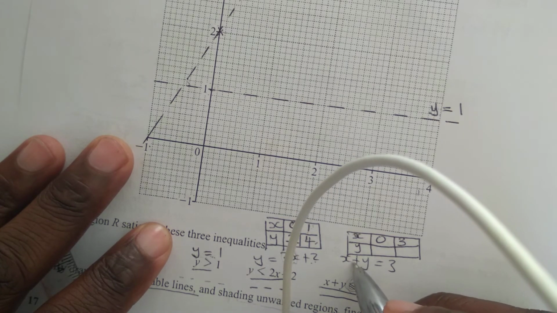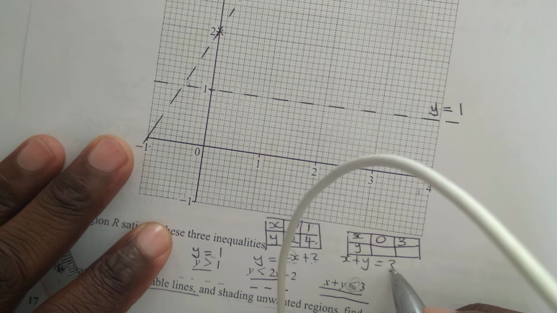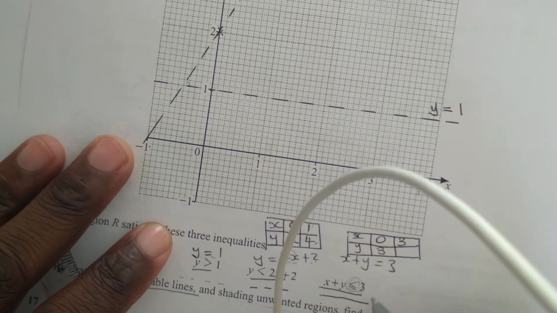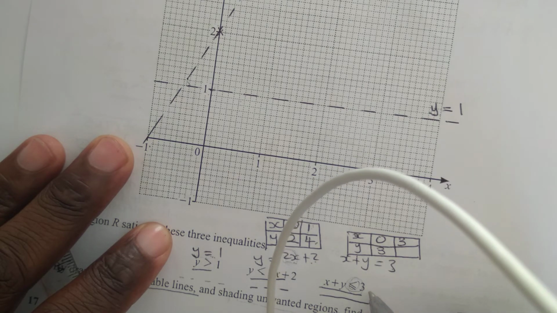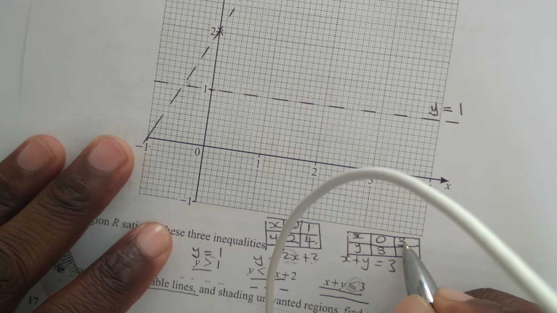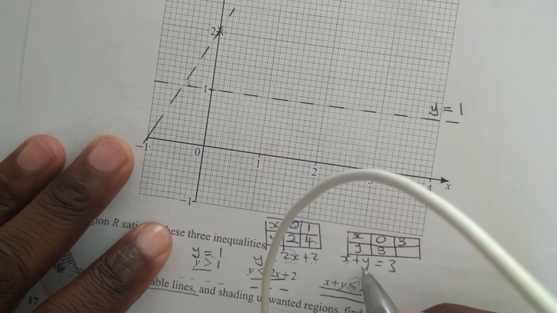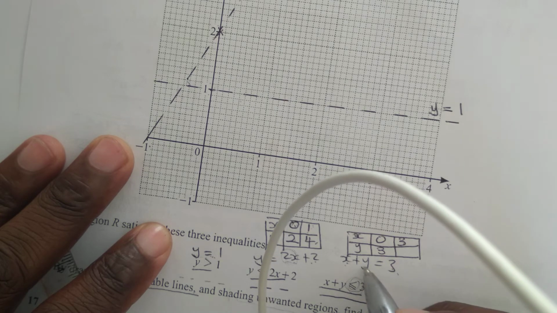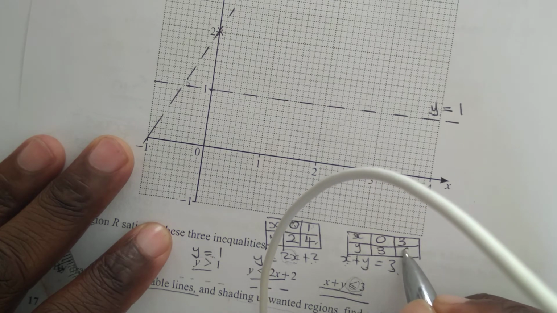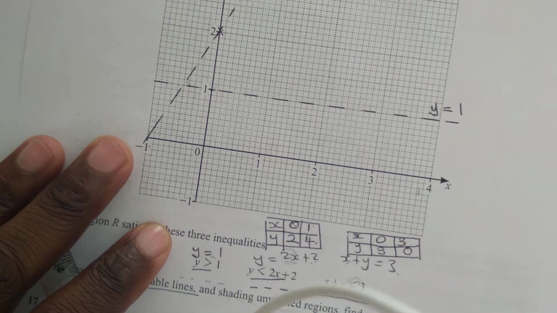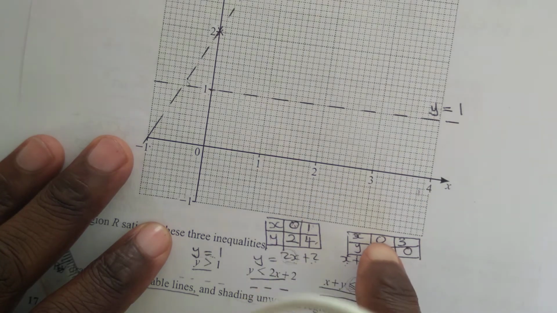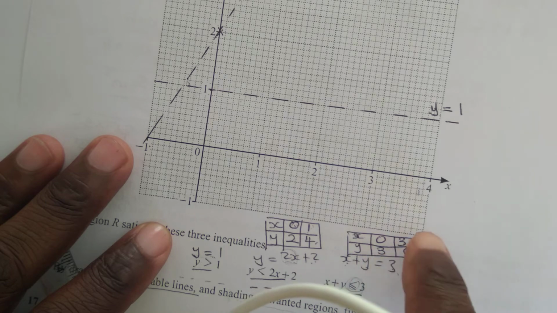So when x is 0, y is just equal to 3. So let me go ahead and set a 3 there. When x is 3, it means 3 plus y equals 3. So it means y is nothing, because 3 plus 0 equals 3. So this y must be 0. And then this will help me plot 0, 3 and 3, 0.